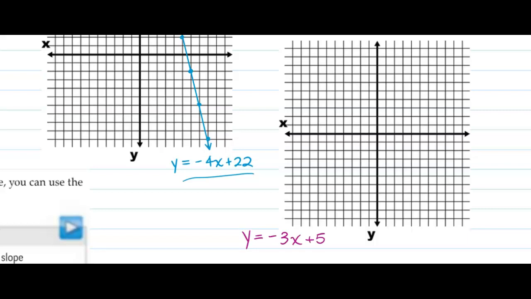If I wanted to graph this line, I would begin at 5, begin with b, and I'm going to go down 3, right 1. You can do that all the way across your graph till you have enough points that you like, and then simply connect your points. Take time to make it as precise as you can.